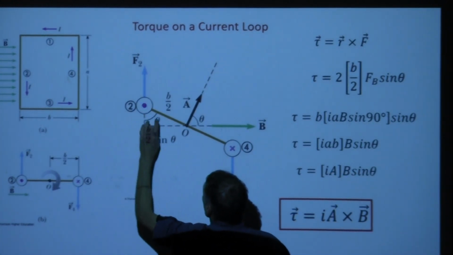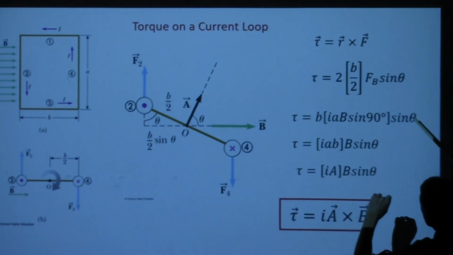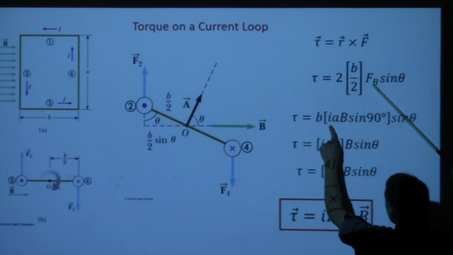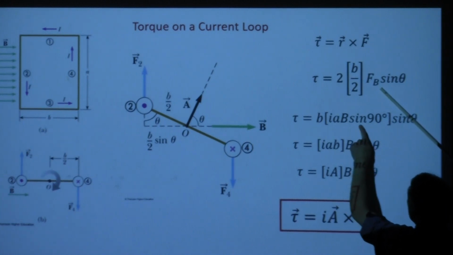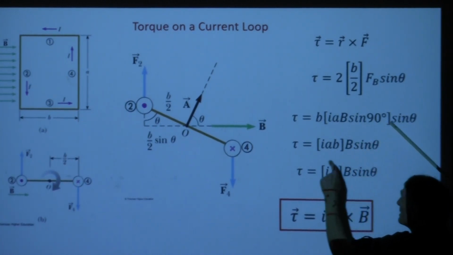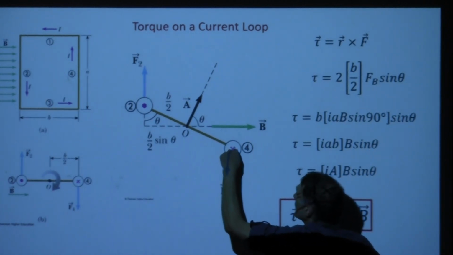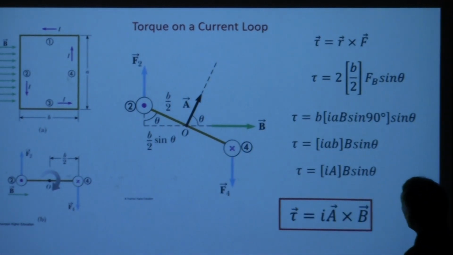B over 2 times the sine of theta, and then the magnetic force is going to be ILB. The angle between the current and the magnetic field is 90 degrees. Current is going in here, and it's 90 degrees to the magnetic field that's happening there.